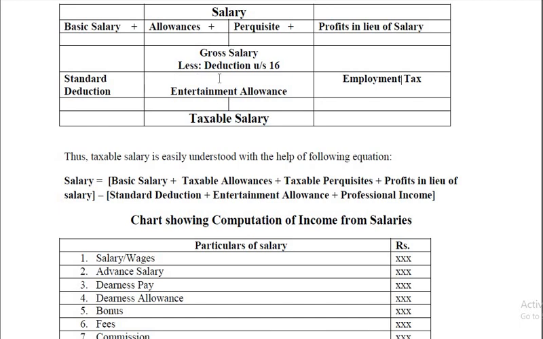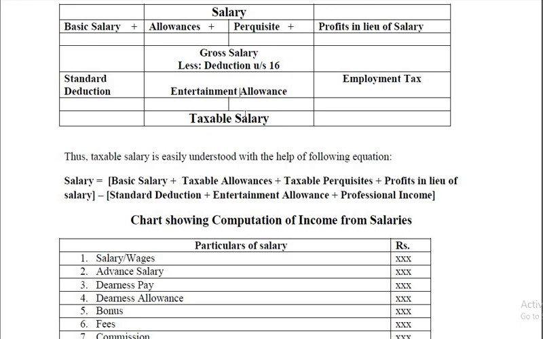So if you deduct the total of these three deductions, you are going to get taxable salary. From gross salary, you have to deduct these three deductions, provided they are applicable to you. Then the net amount you get is taxable salary, and taxable salary will be included in the gross total income of the assessee.